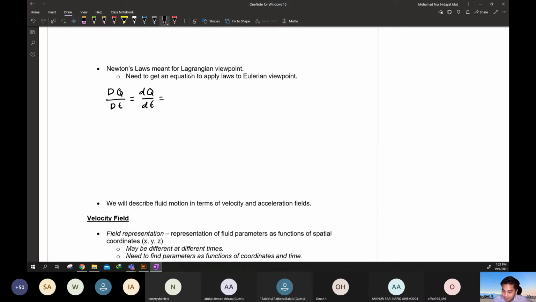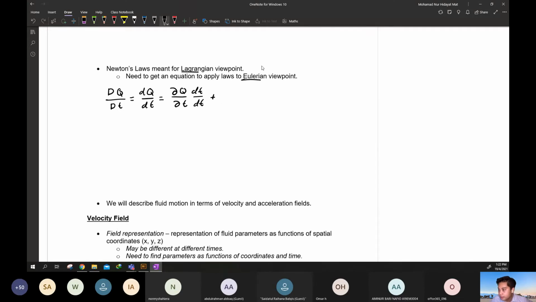So basically, we convert the Lagrangian into the Eulerian, which is why we need to use Newton's law. We use the partial derivative of Q over the partial derivative of t. Why do we use the partial? Because partial means we focus on an individual property, not the whole. Multiply with dt over dt.